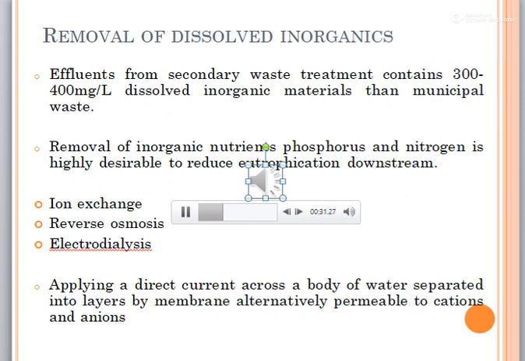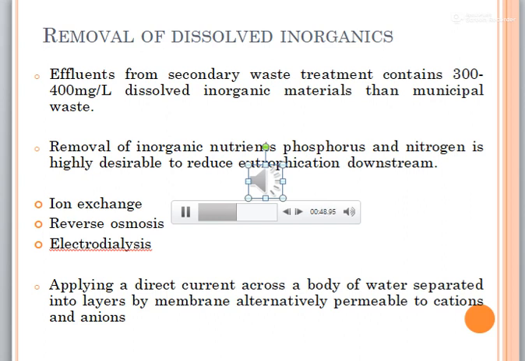Even when the water is not destined for immediate reuse, the removal of inorganic nutrients, phosphorus and nitrogen, is highly desirable to reduce eutrophication downstream. In some cases, the removal of toxic trace metals is needed.